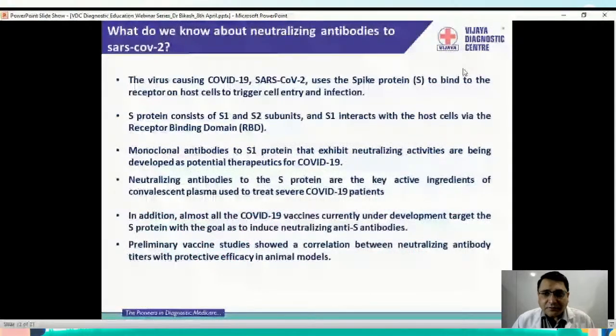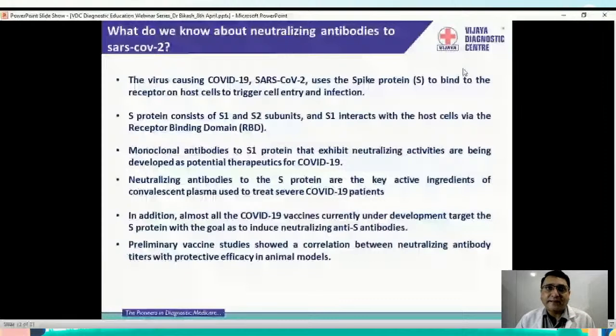Now, the question arises, how much do we know about neutralizing antibodies to SARS-CoV-2? What we know so far is that the virus causing COVID-19, SARS-CoV-2, uses the spike protein to bind to the receptor of the host cell to trigger cell entry and infection.